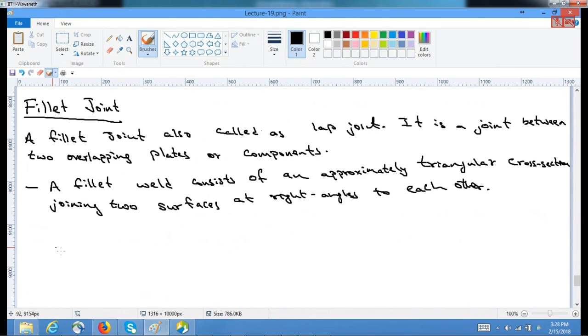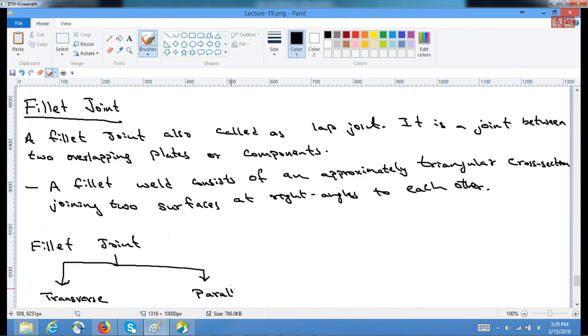So further, this fillet joint is classified into two things. One is the transverse fillet joint and another is a parallel fillet joint.